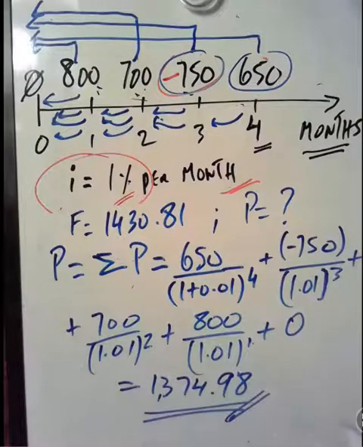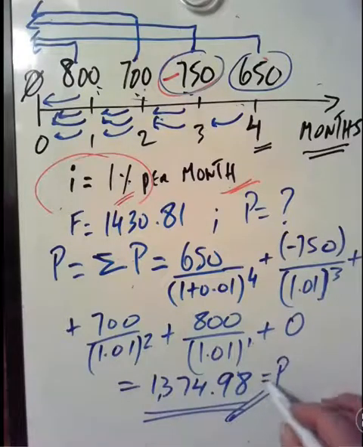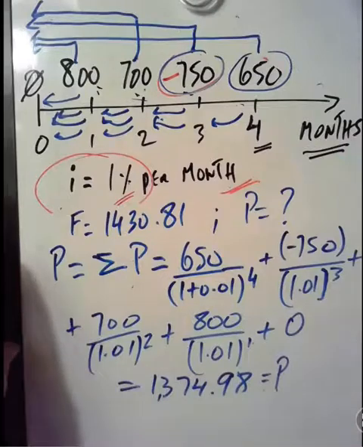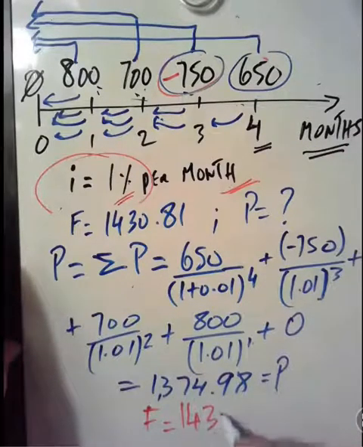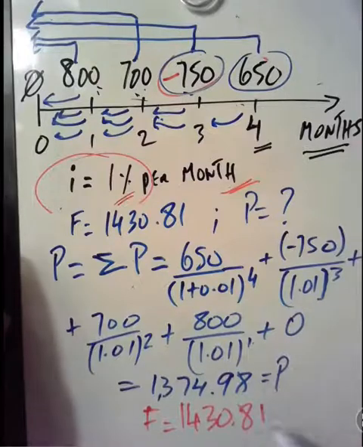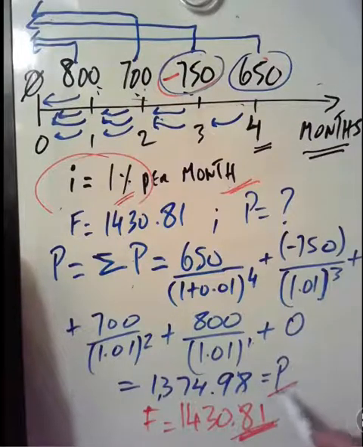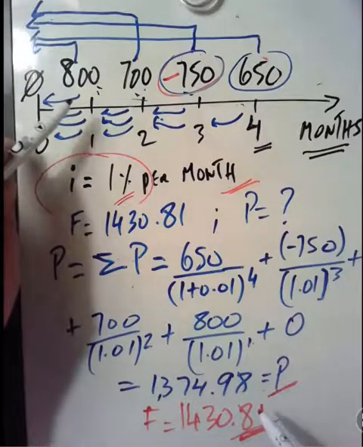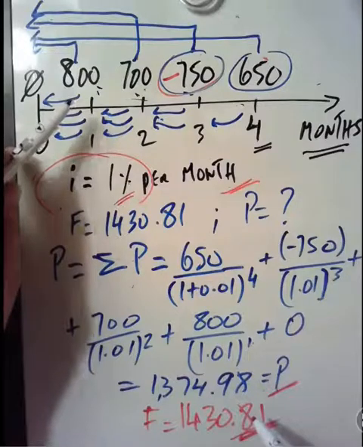So this was the present value of these cash flows, and the future value, remember from a moment ago, was 1430.81. So this is how much money you would be able to withdraw at the end of 4 months, and this is how much money you would be able to get now for giving up these cash flows to somebody else and guaranteeing them a 1% return.